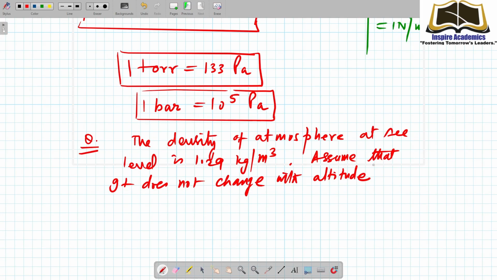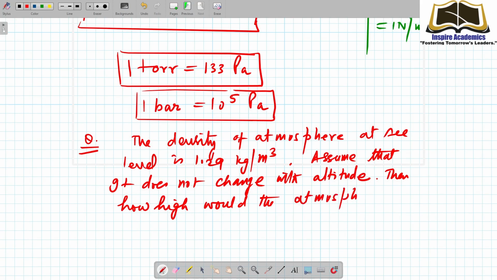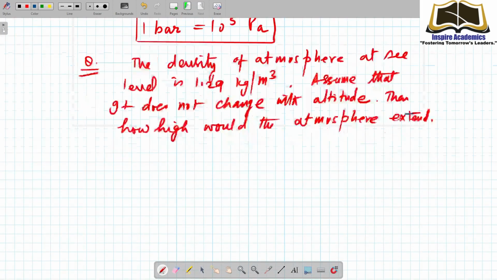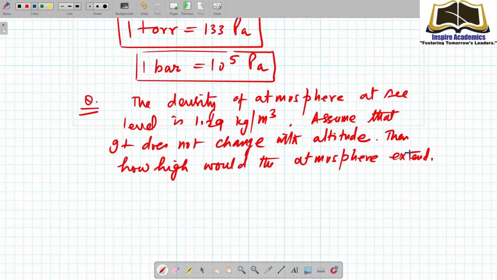Then how high would the atmosphere extend? Okay. Can you tell me how we can solve it?